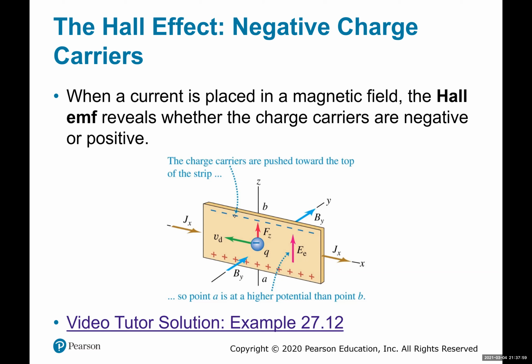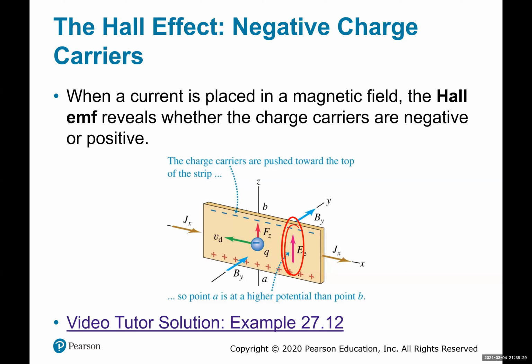And we can measure a potential difference between the top side of the strip and the bottom side. The bottom is at a higher electric potential than the top. After a little while, there is an electric field set up vertically along the z-axis in the strip.